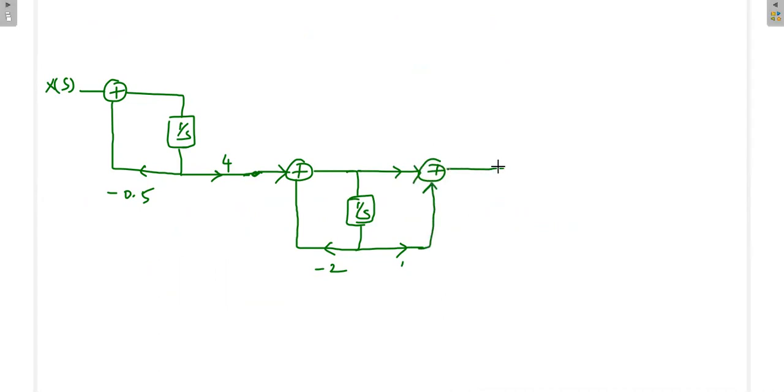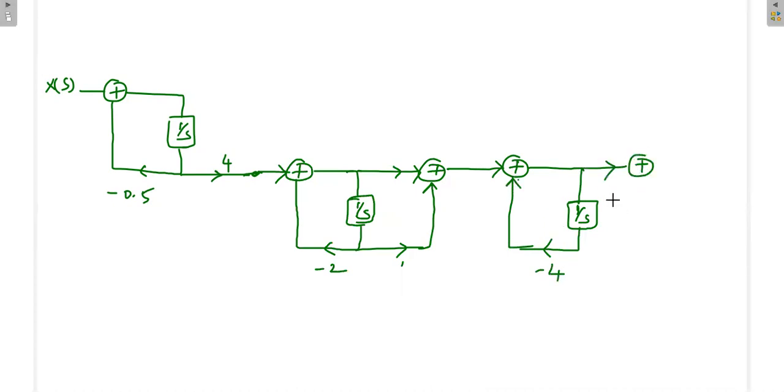Next H3 of S. Again, this is the output of the second system, that is Y2 of S, but that is same as the input to the third system, X3 of S. Okay, finally, this is output Y of S.